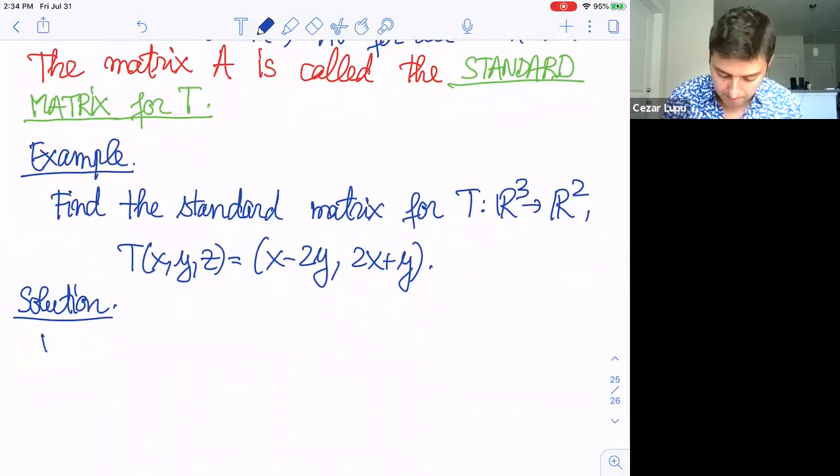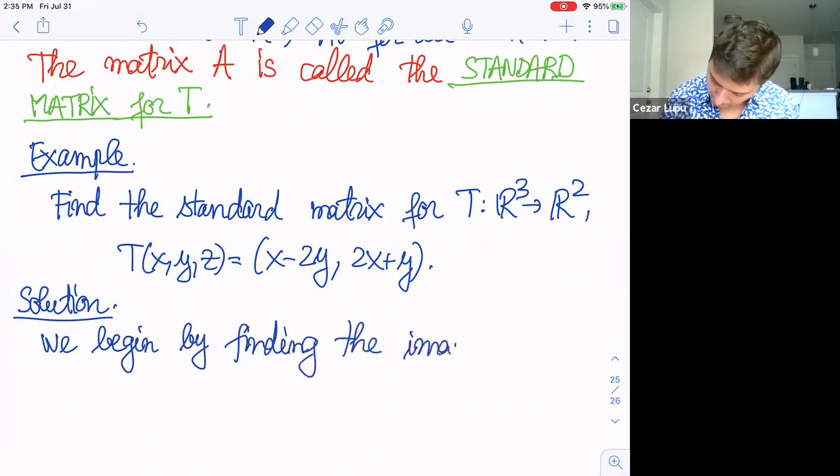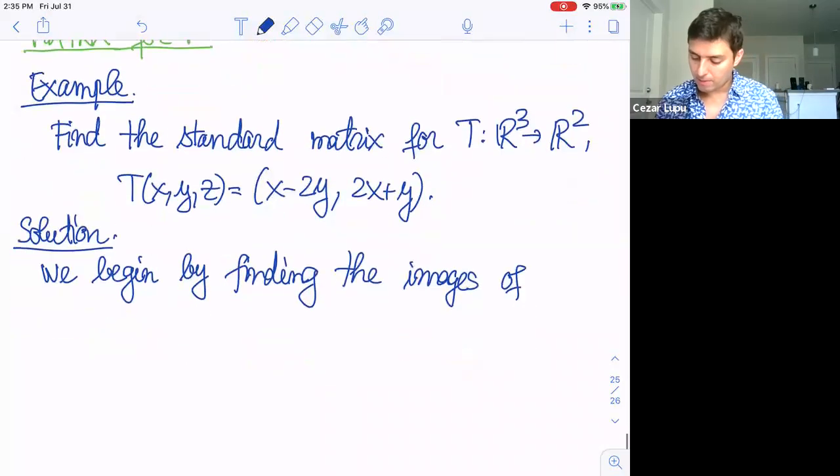So we begin by finding the images of e1, e2, e3. Pay attention here, I have three vectors in the standard basis because I'm looking at R3. So my linear transformation is defined from R3 to R2.